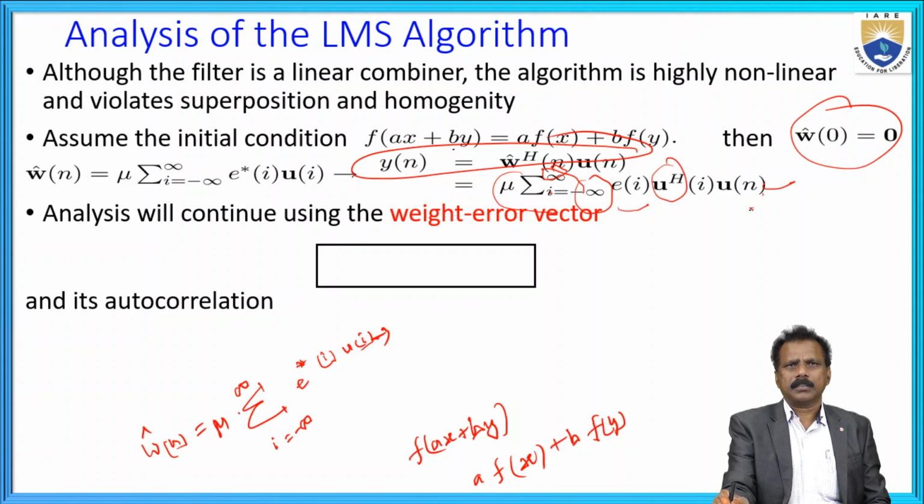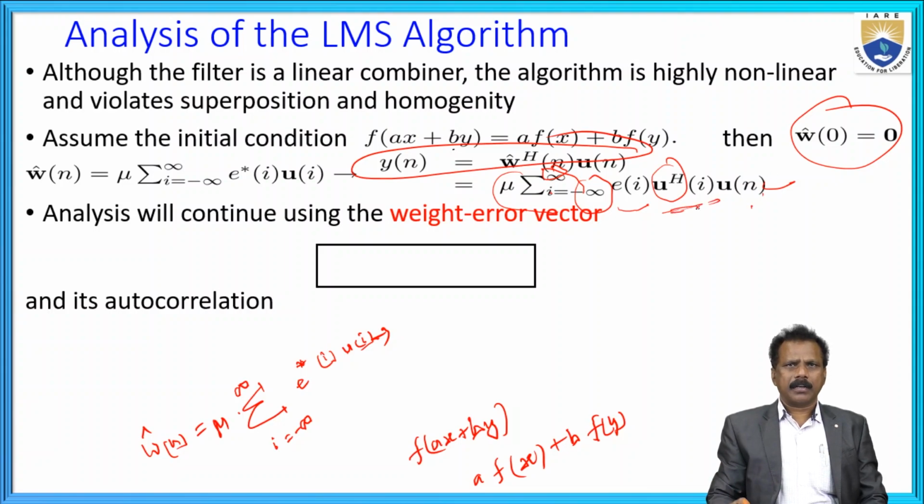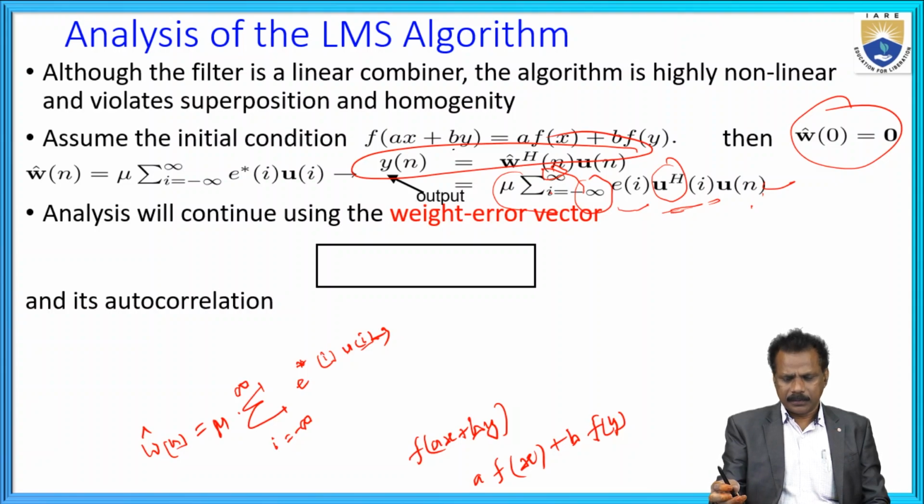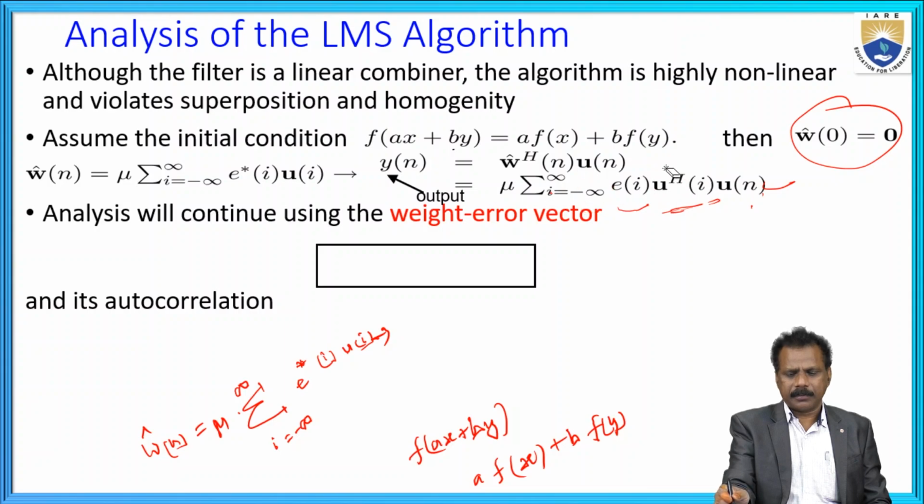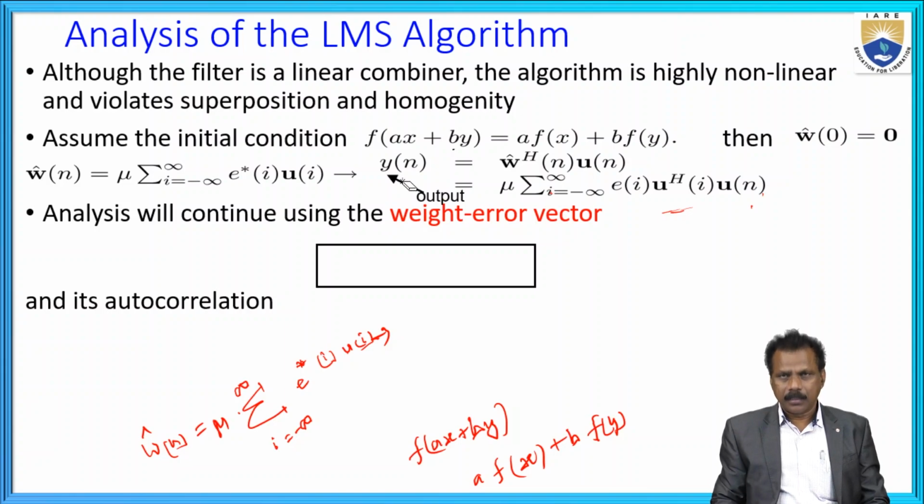So this analysis will continue using the weight error vector. With this, the output is the output response, where u of n is the input.